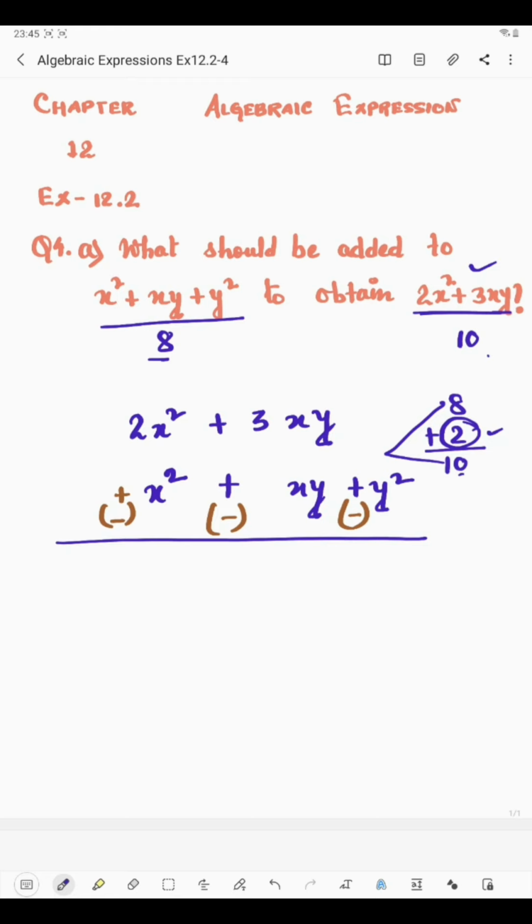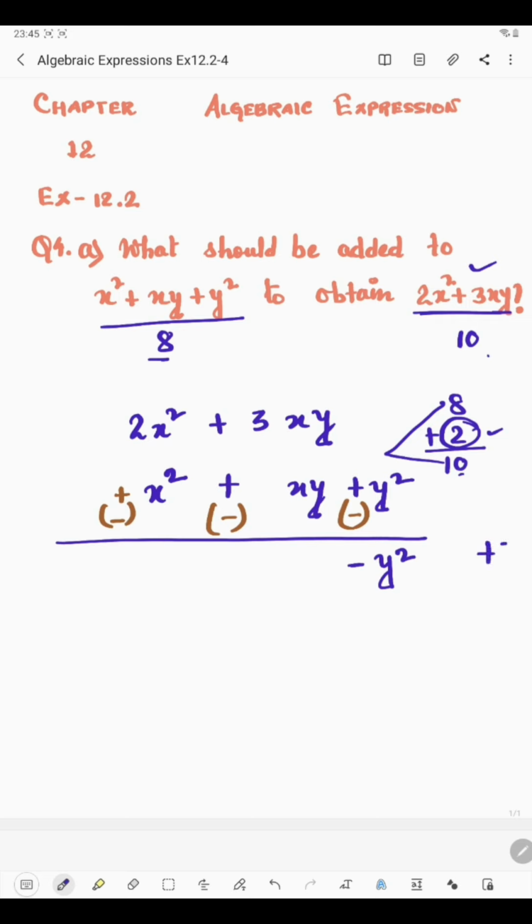Now after changing the sign, we will subtract. See, y square will come down as it is, as there is no like term present with it, and the sign of y square has been changed to minus, so it will be minus y square.